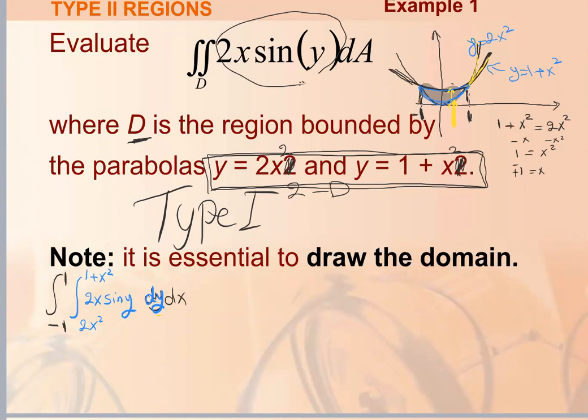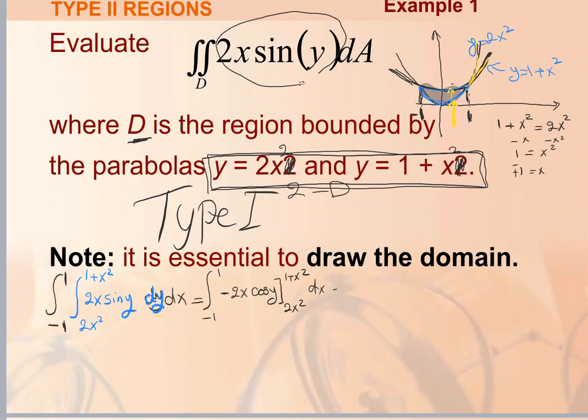So I have to keep the -1 to 1 outside, and first take care of the inside, which is x constant, y variable, right? X is a constant. Integration of sine is going to be negative cosine, right? So you have to plug in these two values.